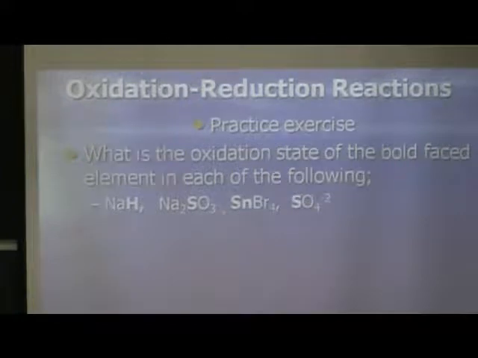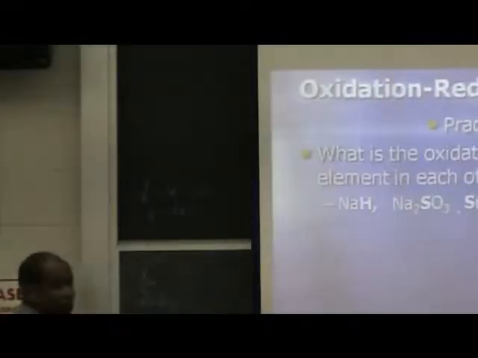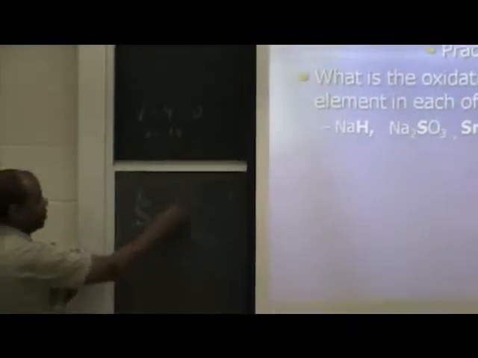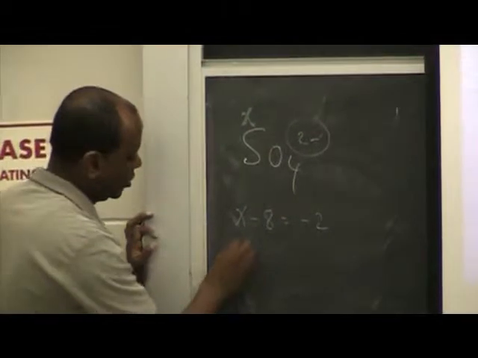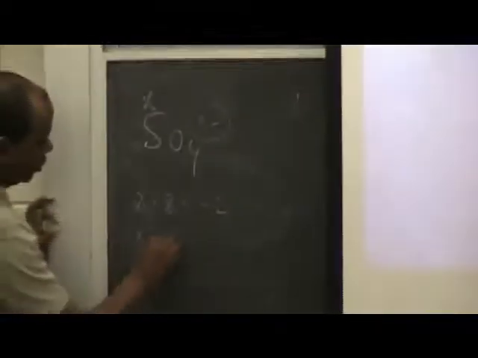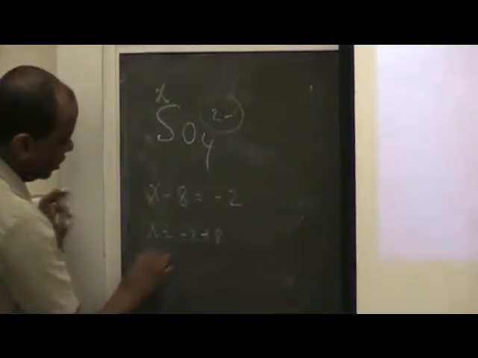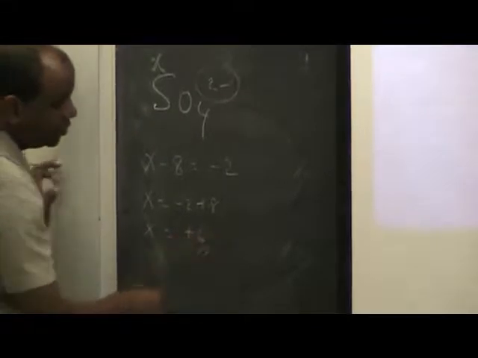In this case, the way that we calculate is since it's a polyatomic ion, X plus 4 times -2, which is -8, gives me -2. Because the net ionic charge is not a neutral molecule. So X equals -2 plus 8, X equals +6.